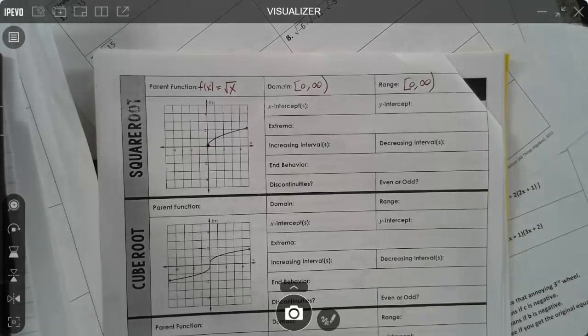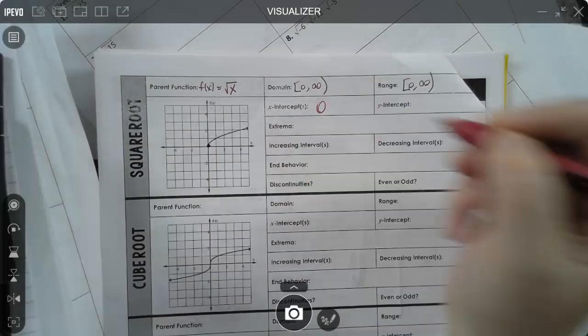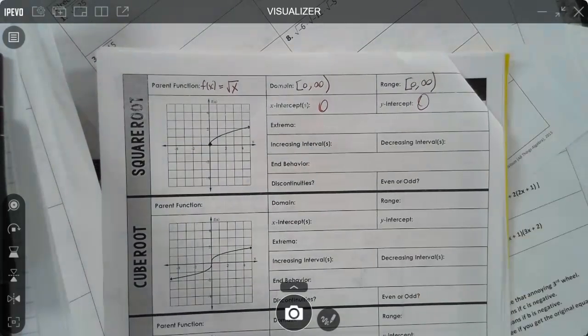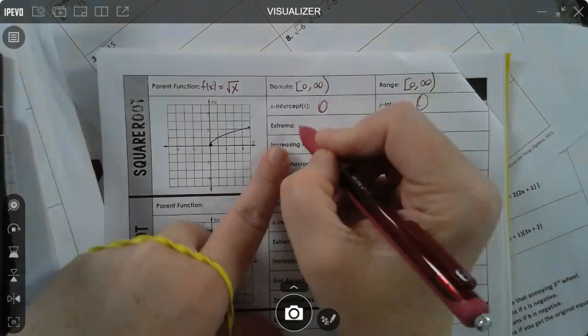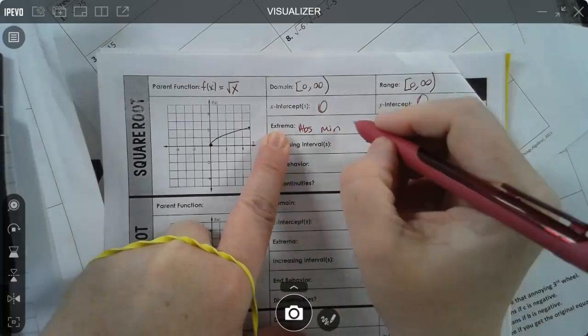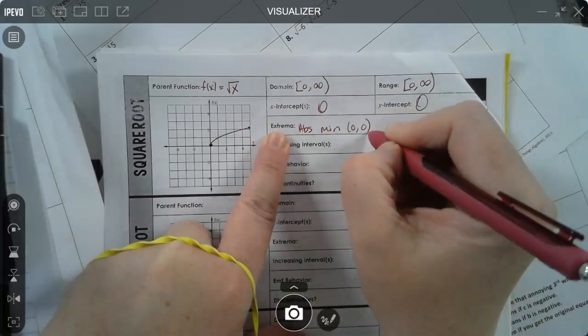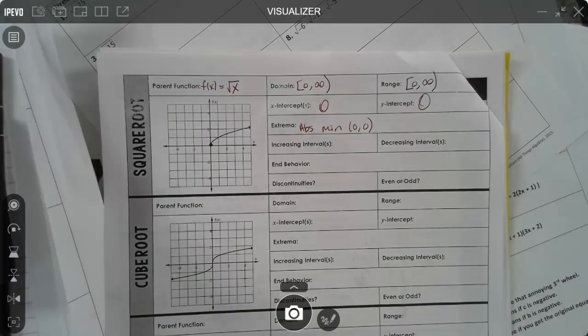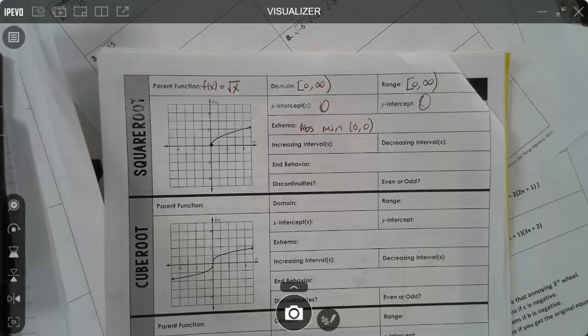X-intercept, 0. Y-intercept, 0. This time it has an absolute minimum at the point 0, 0. Maximums and minimums.